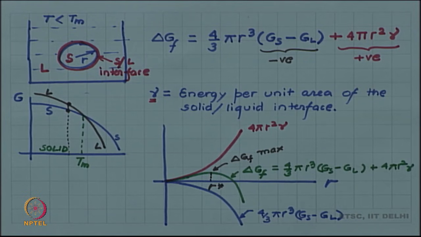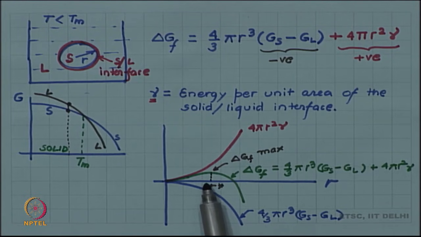Now, what is the significance of this radius r star? We can see if r is less than r star and we want to increase the size of the solid ball, then delta Gf increases. So, this is thermodynamically not a favorable situation, that the free energy change increases with increasing radius.